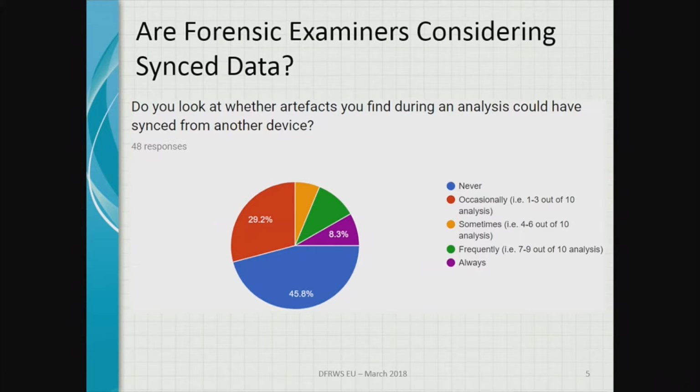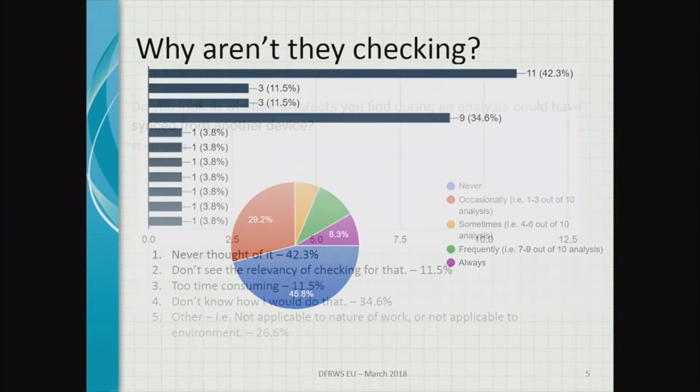And almost 46% said they never look at that. Another 30% only look at it between 10 to 30% of the time. And if we look at those who look at it always, it's only 8%. So we see it's not something that examiners are currently looking at very often.